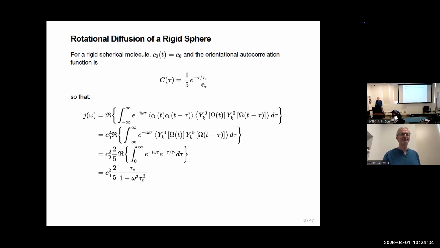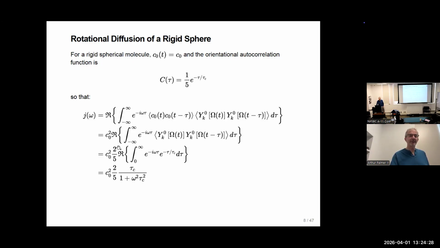Very simple. The 1/5, again depending on the literature, might go into other prefactors. So you might see this written as just e to the minus tau over tau c, and in that case the 1/5 is put somewhere else in the formulas.